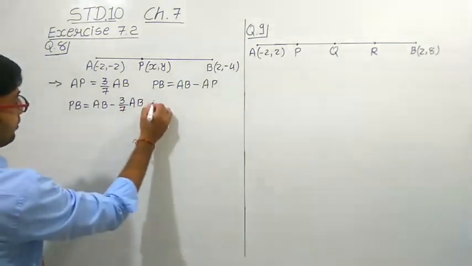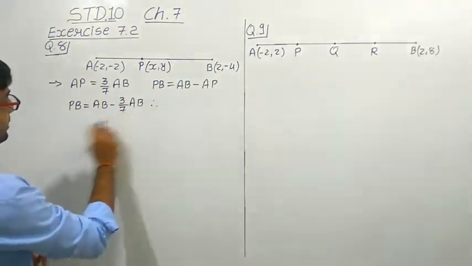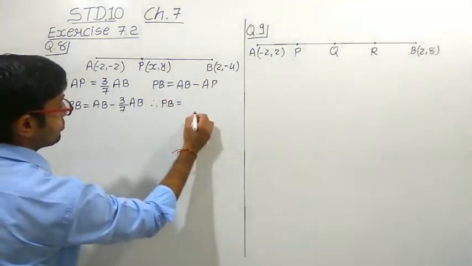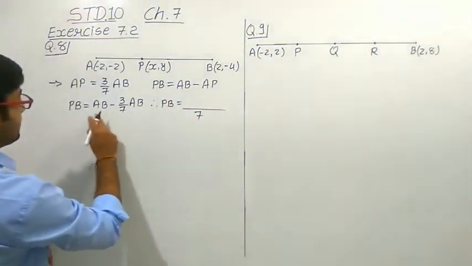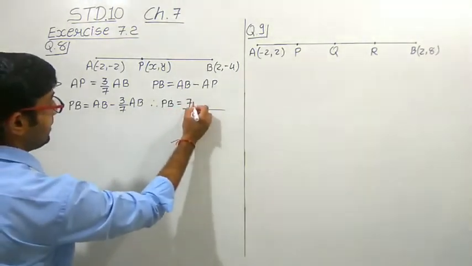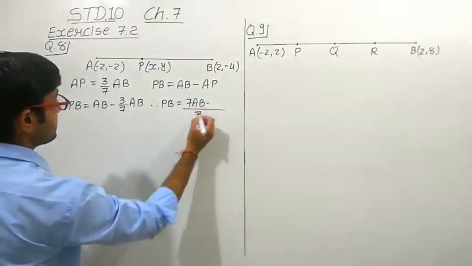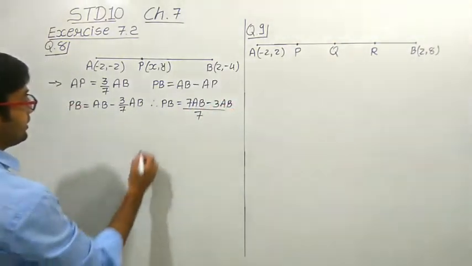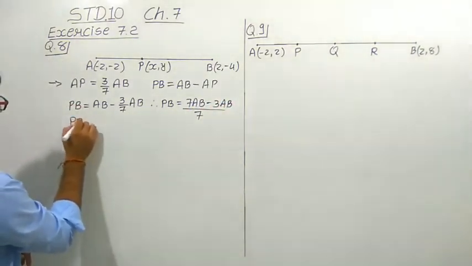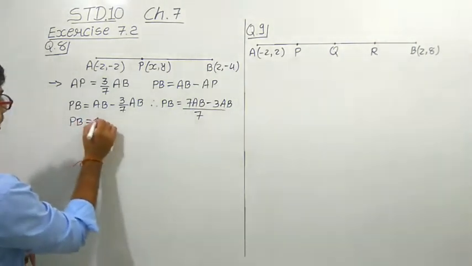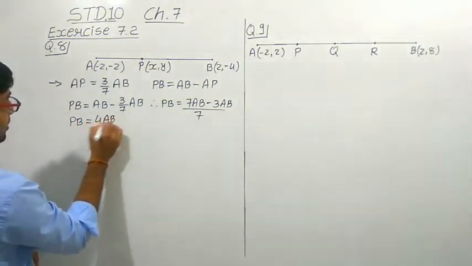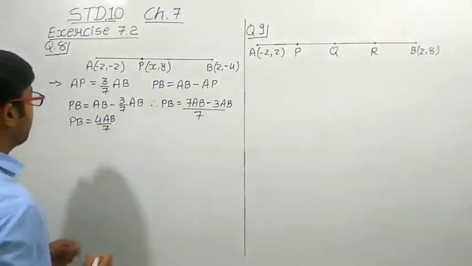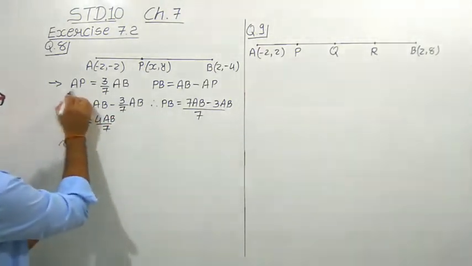Right? And therefore when we take 7 as the LCM, we get PB is equal to 7AB minus 3AB upon 7. And that is what we get, PB is equal to 4AB upon 7. Okay. So now we have both values, AP and PB.